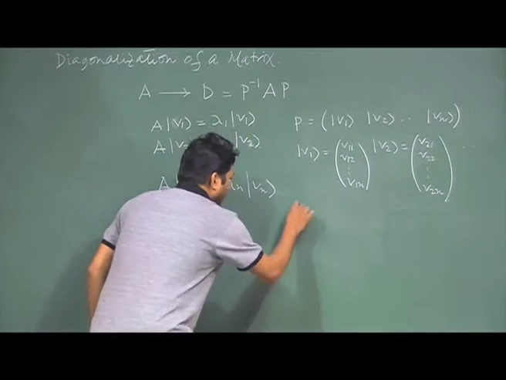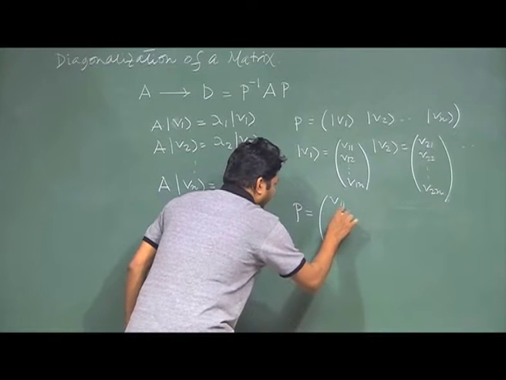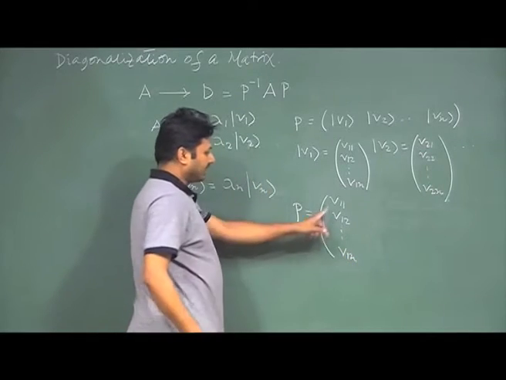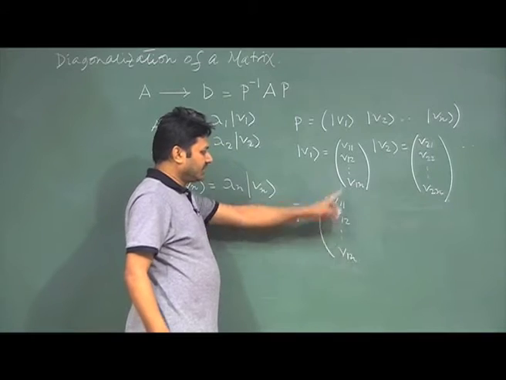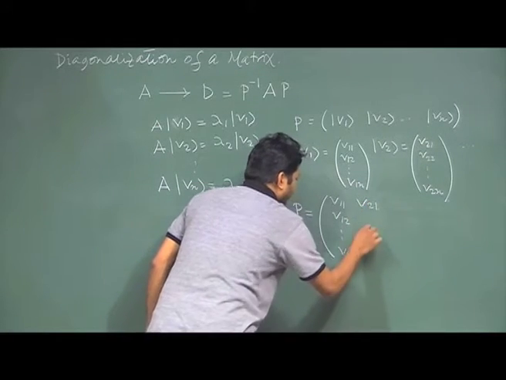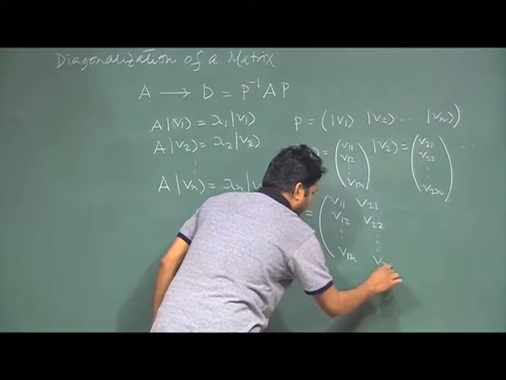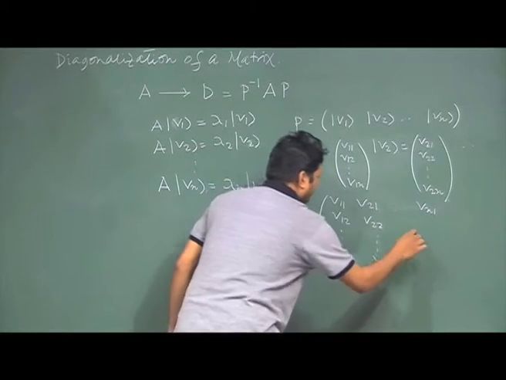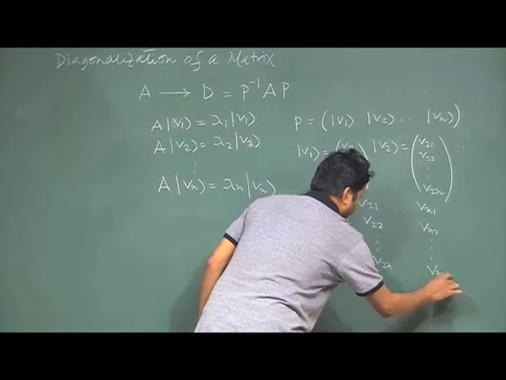Now, I will put these here. So, my P matrix will have the form: V11, V12, up to V1n, these being the corresponding elements of the eigenvectors; then V21, V22, up to V2n, and so on down to Vn1, Vn2, up to Vnn.